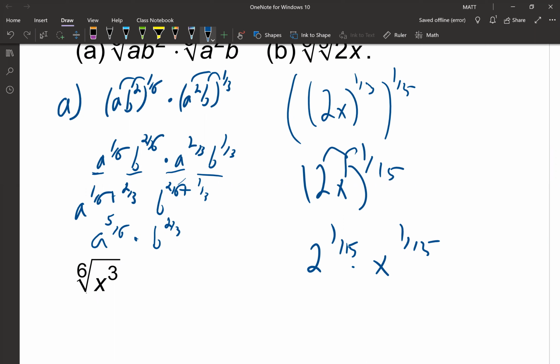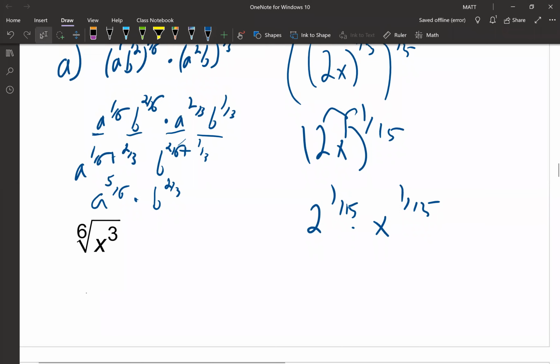Okay. We have another example here. So we have x to the 3rd power, and then we take the 6th root of that. So this is just x to the 3rd power raised to the 1/6 power, right? When we're raising a power to another power, we multiply them.